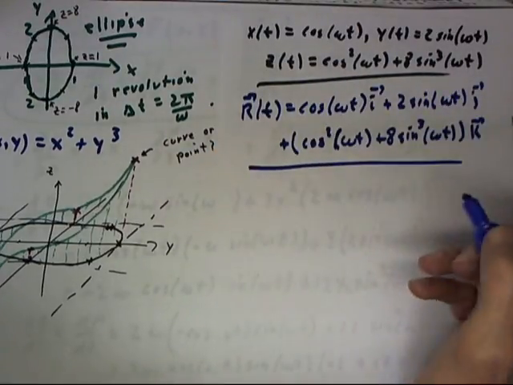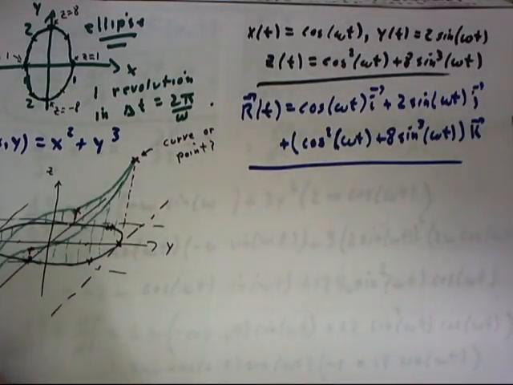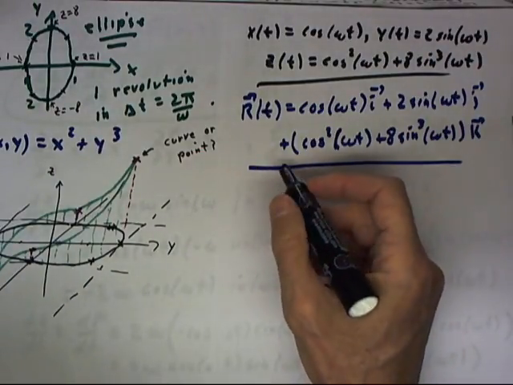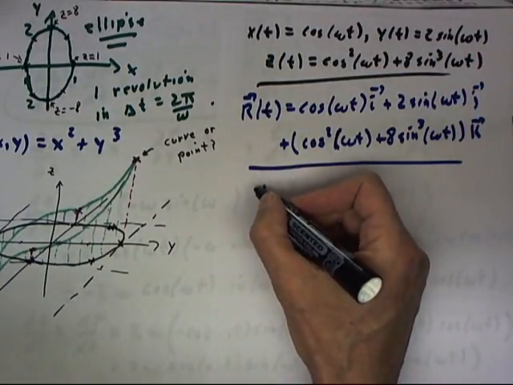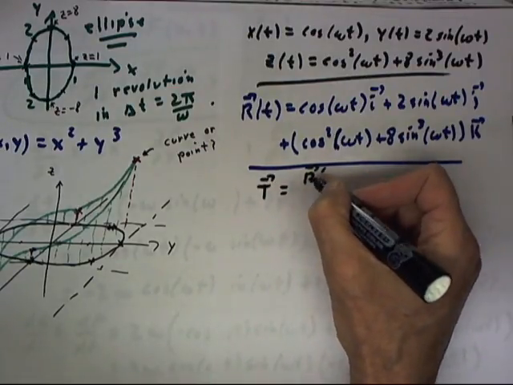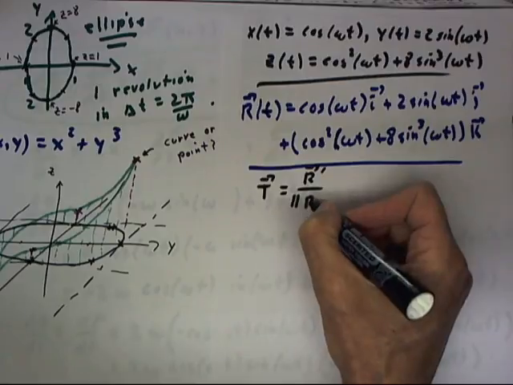The scheme, though, is familiar and straightforward. We calculate the unit tangent vector, which will be r prime over the magnitude of r prime.